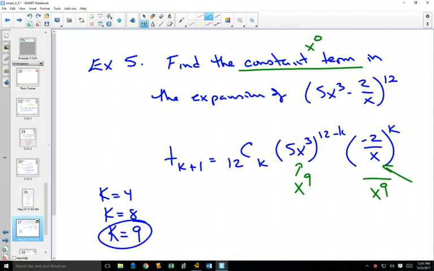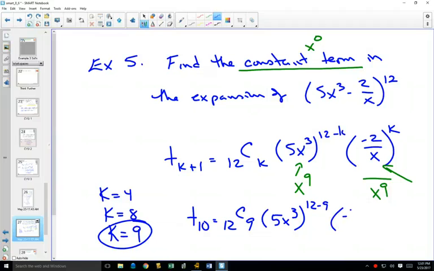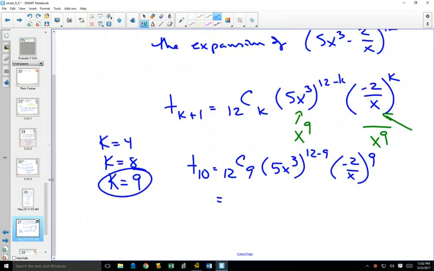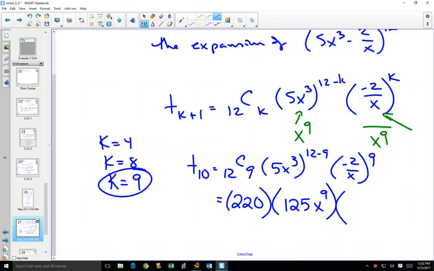So now that we know k is 9, we can find out it's going to be term 10. 12 choose 9, 5x cubed to the 12 minus 9, and negative 2 over x to the 9. Again, we go to our calculator. Solve each of these things separately. So 12 choose 9 is 220. 5 to the power 3 is 125. x cubed to the power 3 is x to the 9.